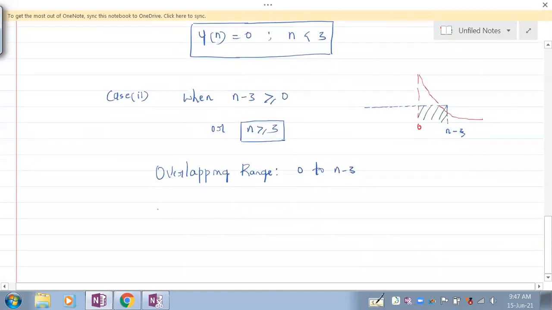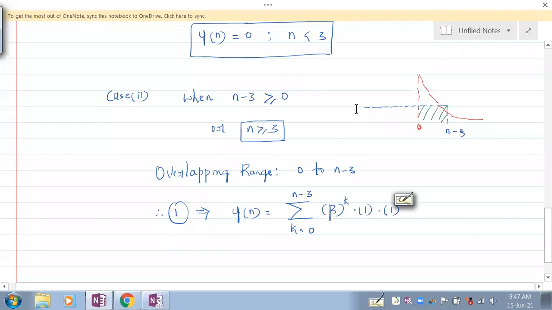So therefore, equation number 1 implies that y of n would be equal to summation, k ranging from 0 to n minus 3, beta power k into 1 into 1, because u of k is 1, and u of n minus 3 minus k is also 1.